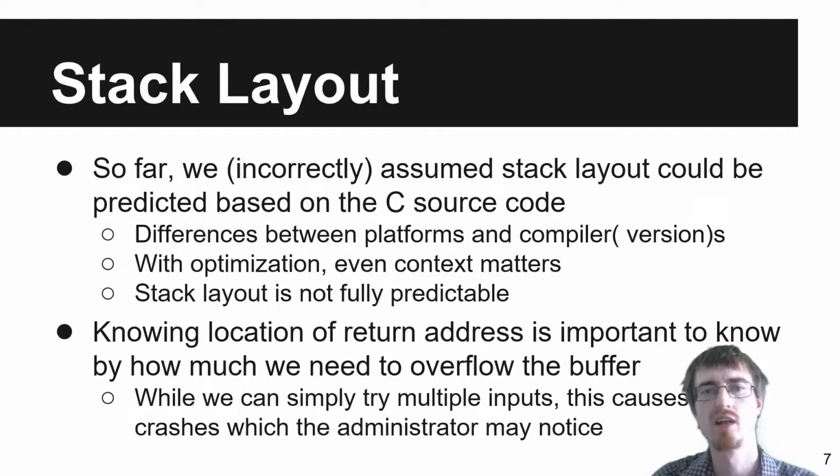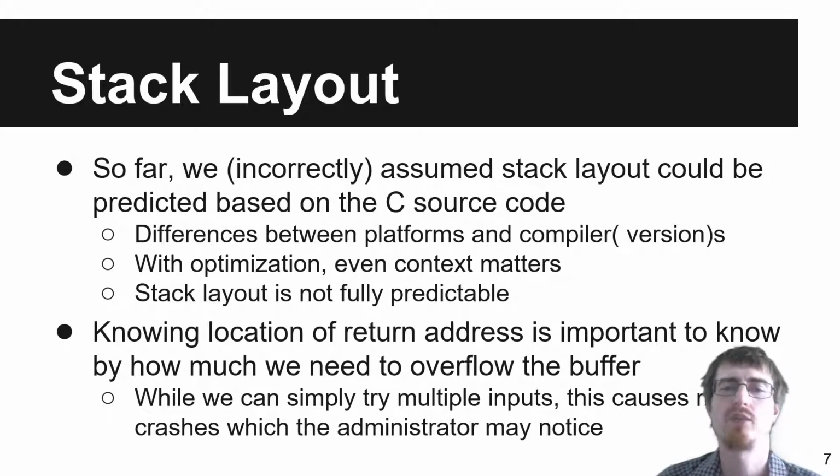Now, so far, we've looked at C source code, and we incorrectly assumed that you can infer the stack layout from that. If you've watched the lecture on assembly, you've already seen some surprises. Stuff like padding, for example, or parameters being stored as local variables. In the general case, we cannot predict the stack layout from C code.